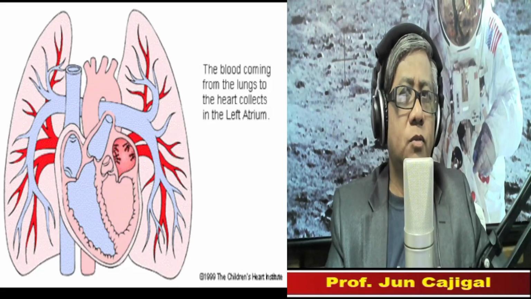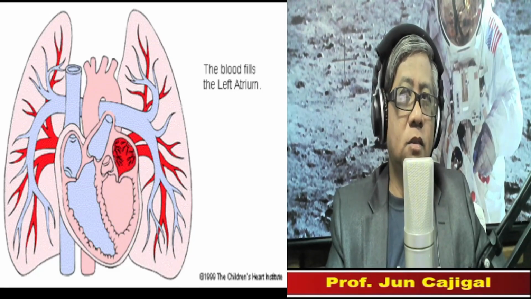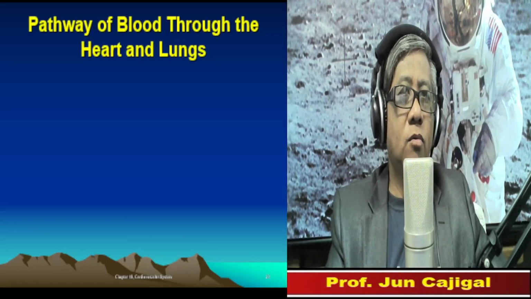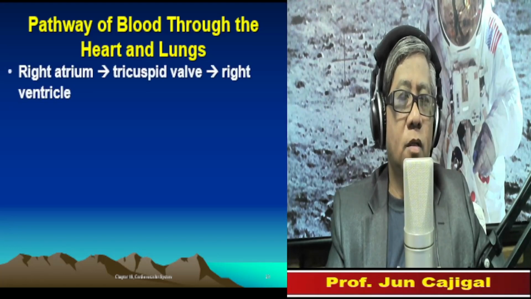So at this point, let us again trace the flow of blood through the heart and lungs. We start with the right atrium. The right atrium receives deoxygenated blood, or blood rich in carbon dioxide, from the inferior and superior vena cava.